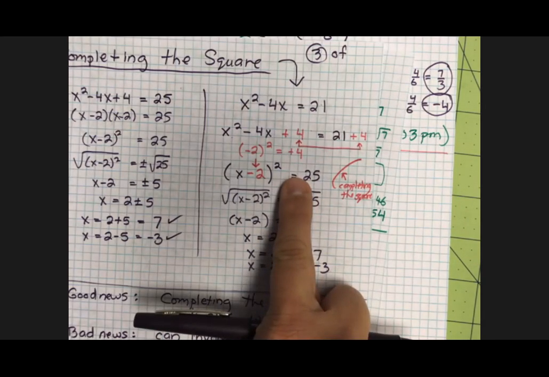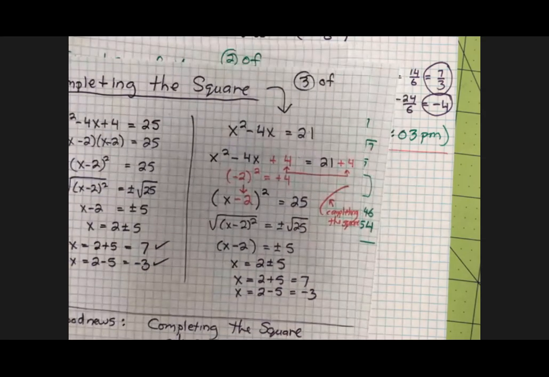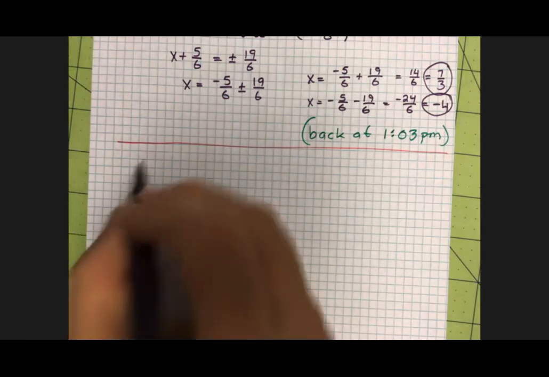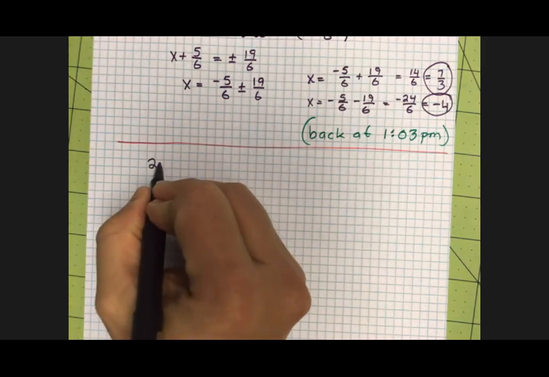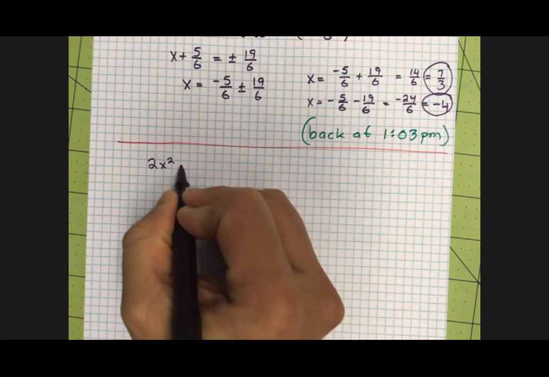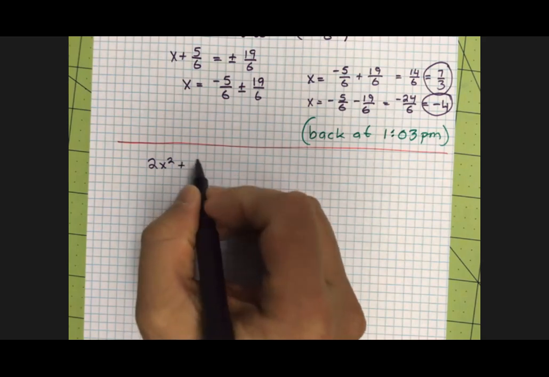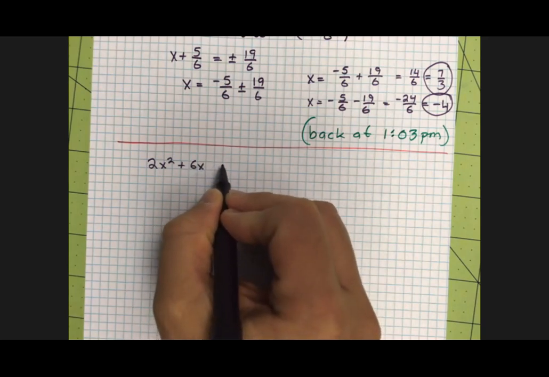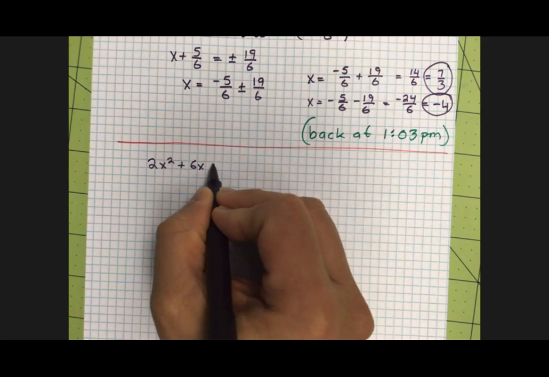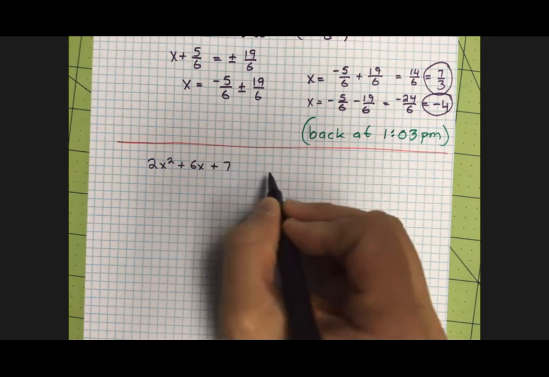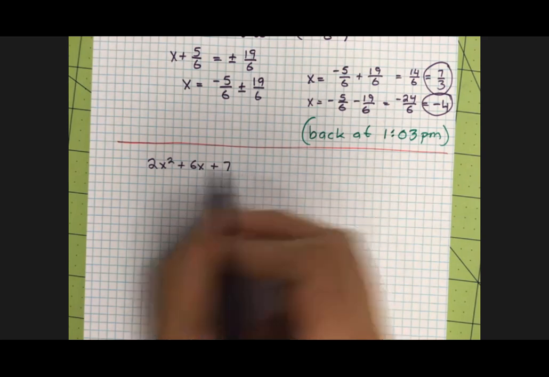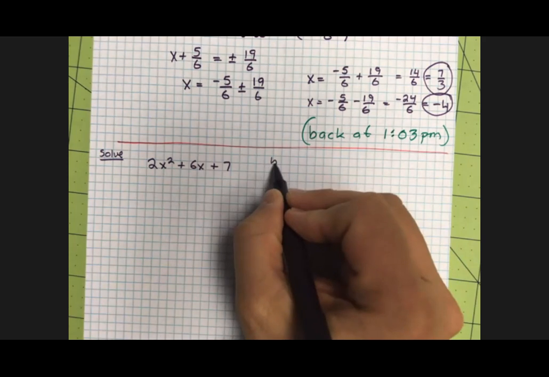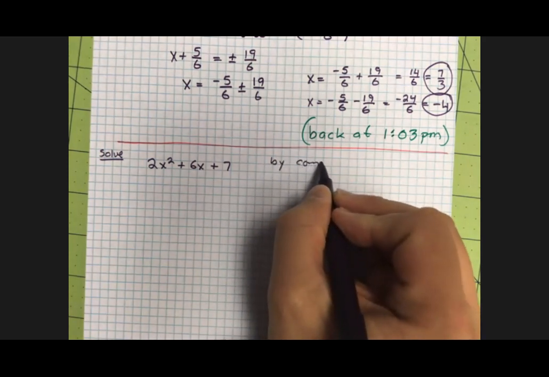So let's try something like, I don't know, 2x squared plus 6x plus 7. I don't want to make it too messy, but a little bit messy. Let's solve this quadratic equation by completing the square.